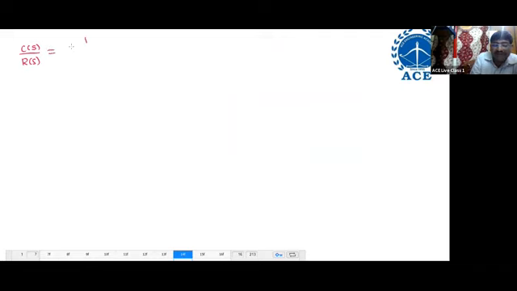What is the transfer function we took? 1 by s plus 1 into s plus 10. When you want to get the equivalent lower order system, what you have to do? The insignificant pole should be neglected only in the time constant form.